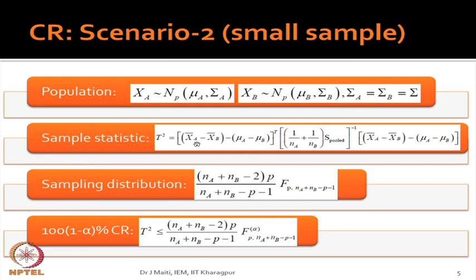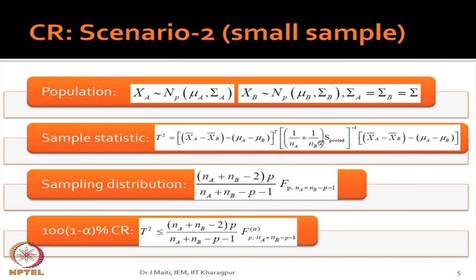The expected value of X A bar minus X B bar will be mu A minus mu B. In the single population case, you used the formula for T square, X bar minus mu transpose. Now you are using the difference between two population mean vectors, X A bar minus X B bar, analogous to X bar minus mean, transpose.